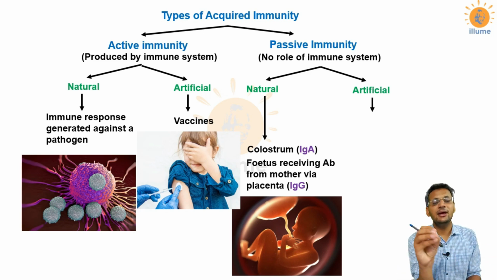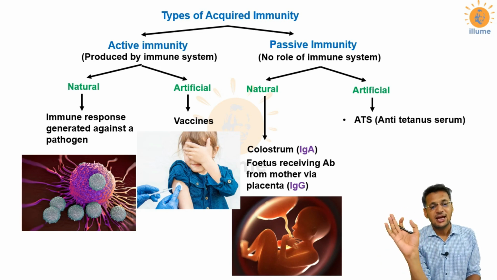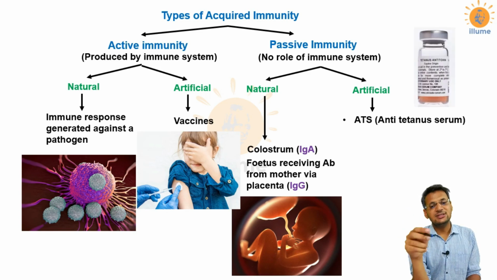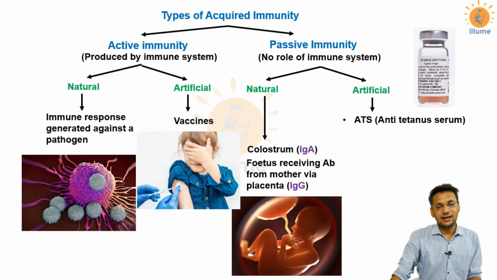That's why it would be a passive immunity. That particular thing is called anti-tetanus serum, which has preformed antibodies against tetanus antigens. And the other example is anti-diphtheric serum, which is called ADS, which has preformed antibodies against the toxins of diphtheria. As you can see in the picture, this is an anti-tetanus toxin. So this is an artificial type of passive immunity.